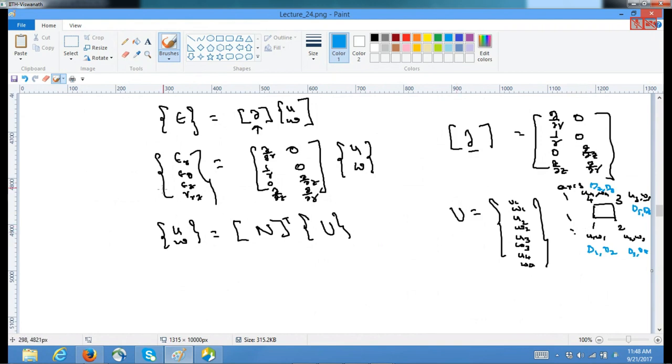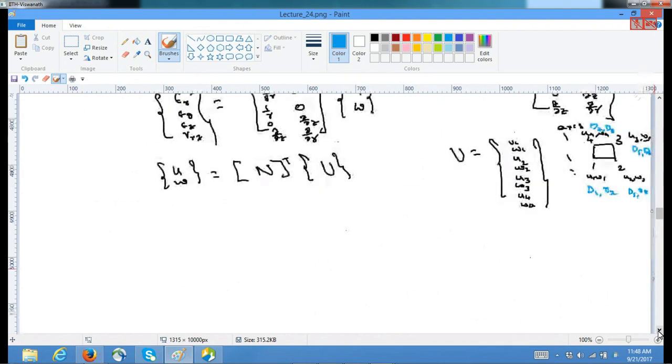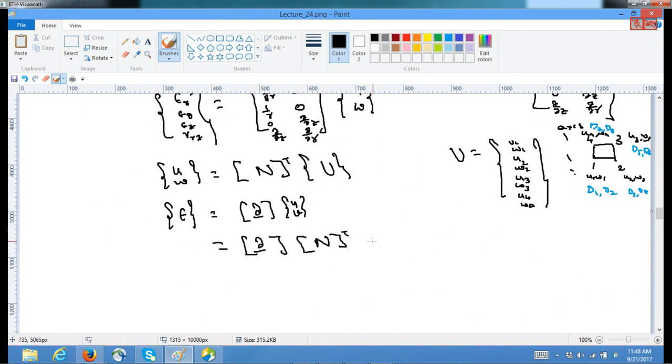So if I take this, which is u and w, a generic expression of displacement at any point, and substitute back in this relationship, then my epsilon equals dou times uv, and uv is this thing, so I write it as dou times n times u.